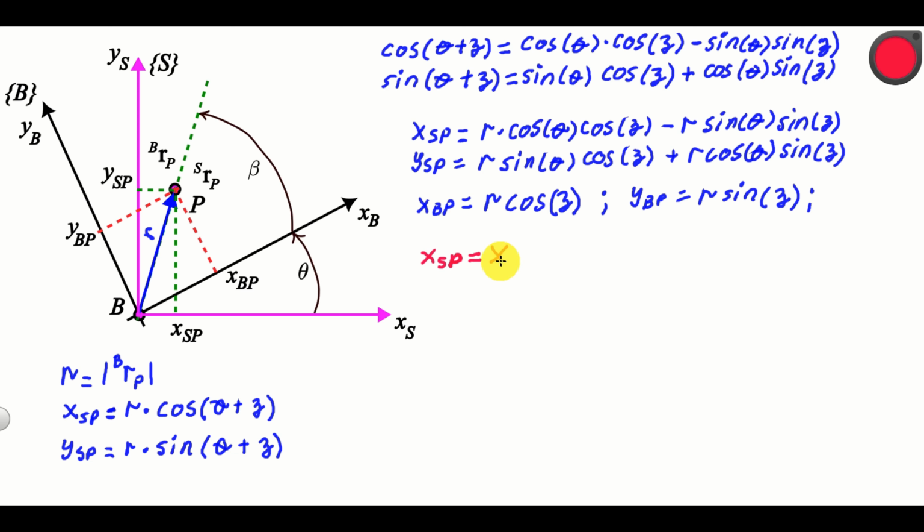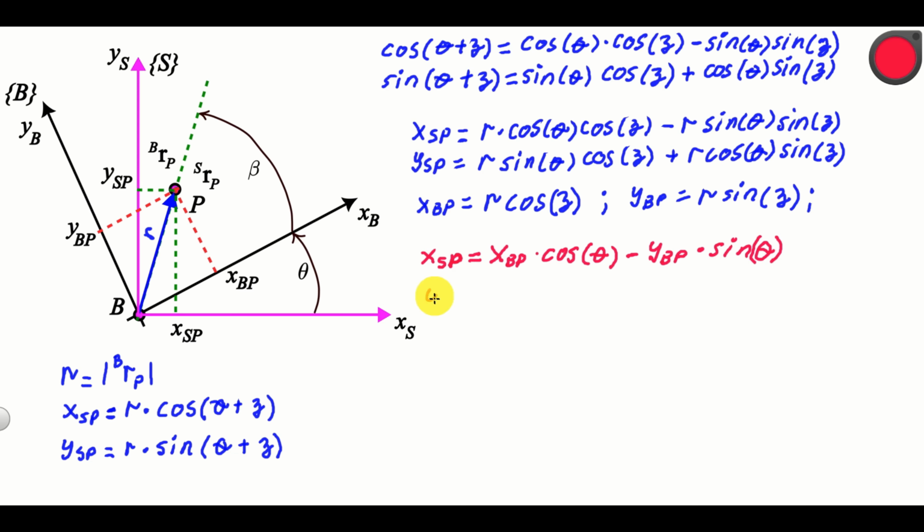Consequently, we will have XBP multiplying cosine of theta. Then, let's analyze what's happening over here. We will have R sine beta, and R sine beta is YBP. So we can write minus YBP multiplying sine theta. And here's our first equation.